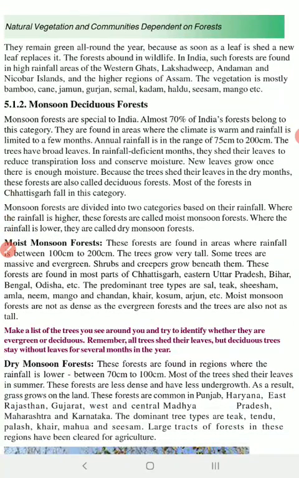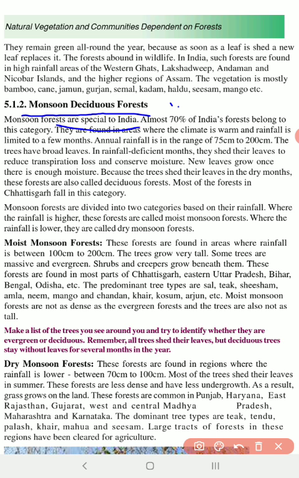The second type of forest that we classify based on vegetation is the monsoon deciduous forest. It is very, very important for us. For us who are in Chhattisgarh, our whole state comes under this kind of forest. Monsoon forests are special to India because monsoon is special to India. Only we have the monsoon.